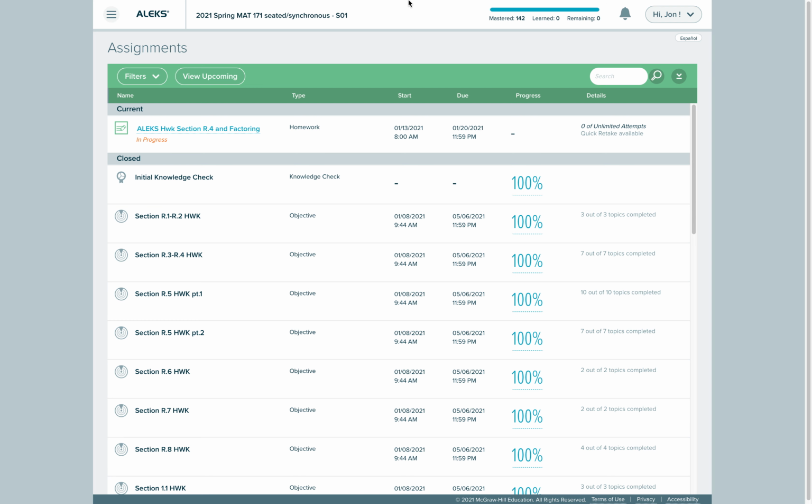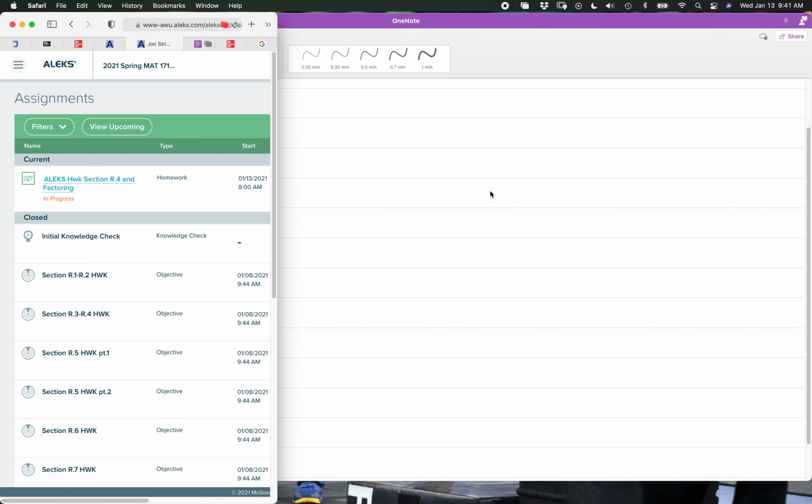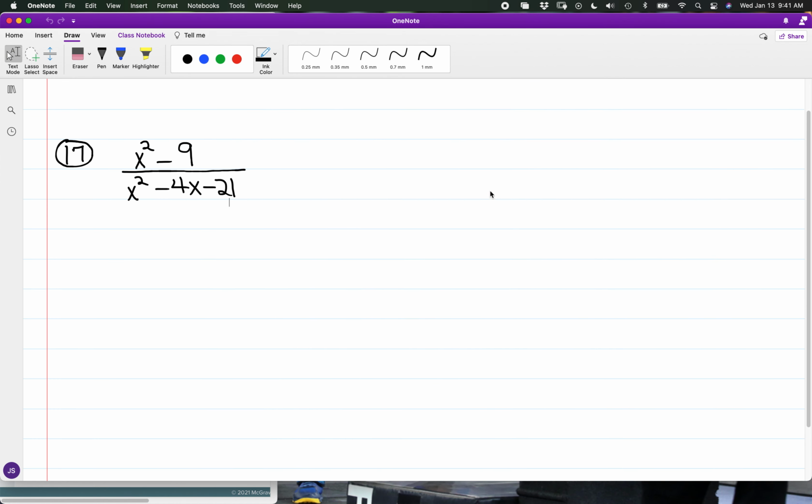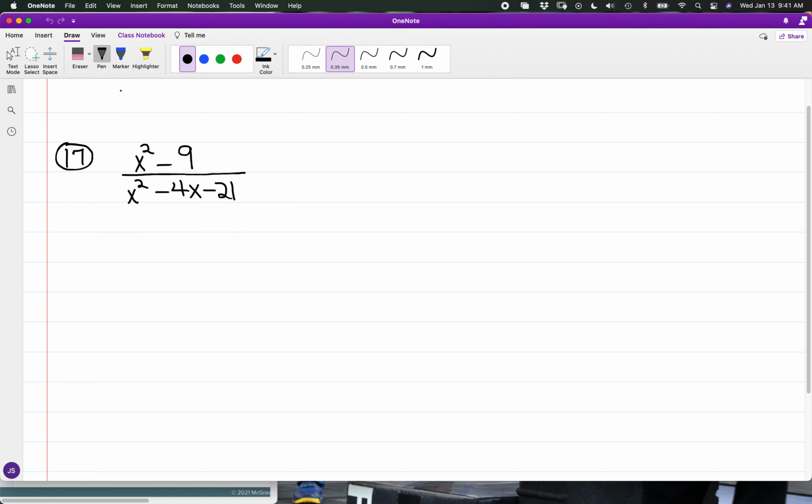Now in terms of the material, going back to page 51, we're looking at factoring once again and also blending in rational expressions. For number 17, we have a 2-part problem.